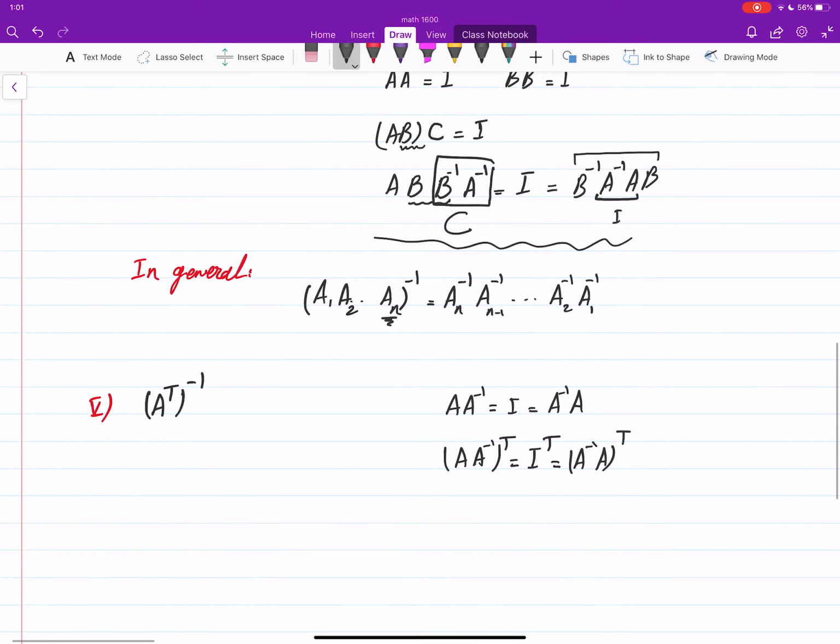Remember that when you apply transpose over a product, the order changes. Transpose of identity is identity, so this is A transpose times A inverse transpose.